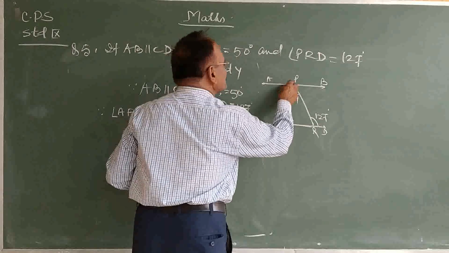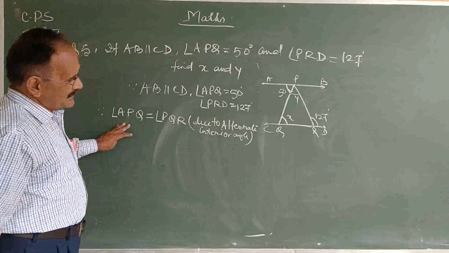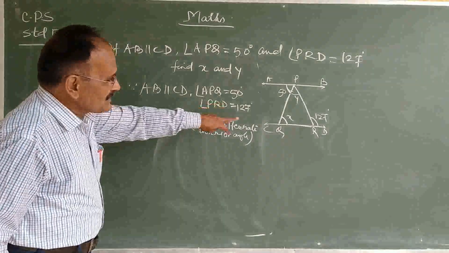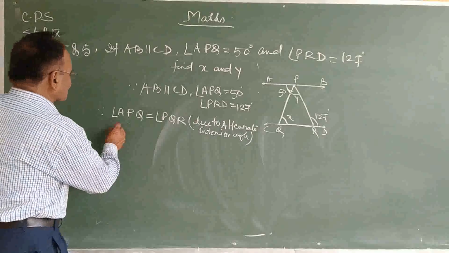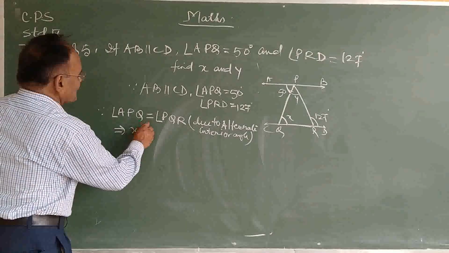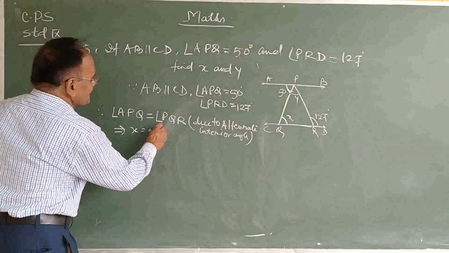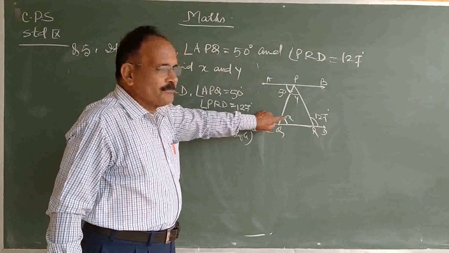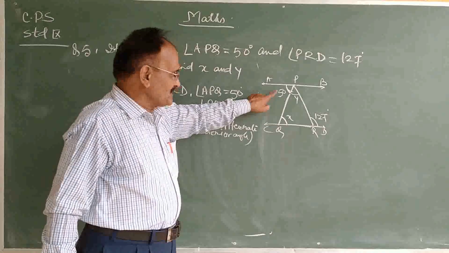This X is equal to this. So APQ is 50 degrees, it is given, and angle PQR is equal to X. This implies X is equal to 50 degrees. This is the first solution: the value of X is 50 degrees.